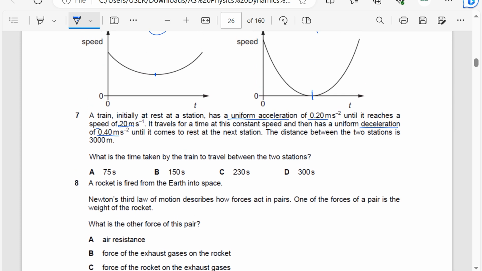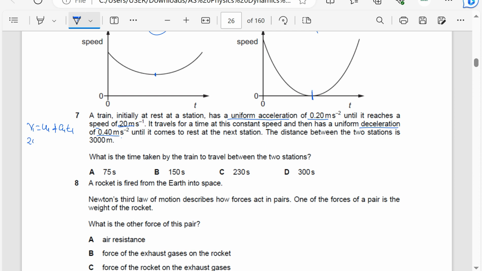So for the first stage, I will simply say V1 is going to be U1 plus acceleration A1 times T1. Initially, it reaches a velocity of 20 meters per second.